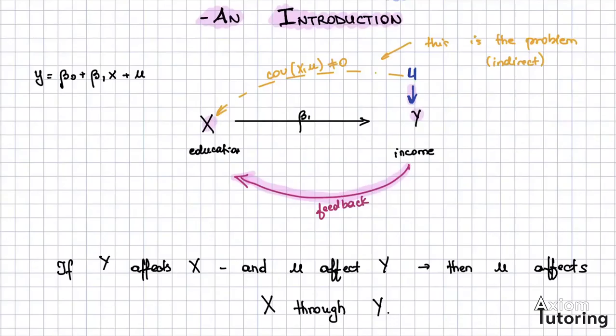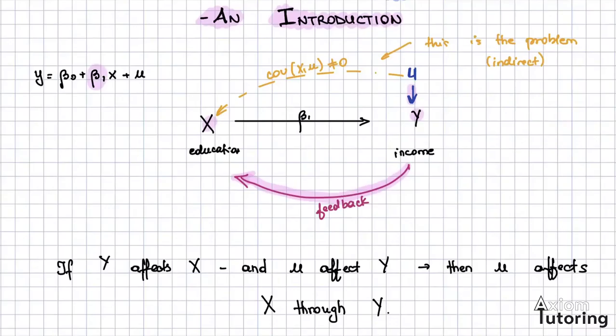Now, why does OLS fail based on this diagram? Let's see it not just through intuition as we did in the previous video, but now that we have all the arrows, let's see why it's failing in here. OLS is seeing X and Y moving together. However, it cannot really tell that X is moving this much because of Y and Y is moving this much because of X. Instead, what it's going to do is attribute everything to this beta 1 in here, mixing both directions into one number.